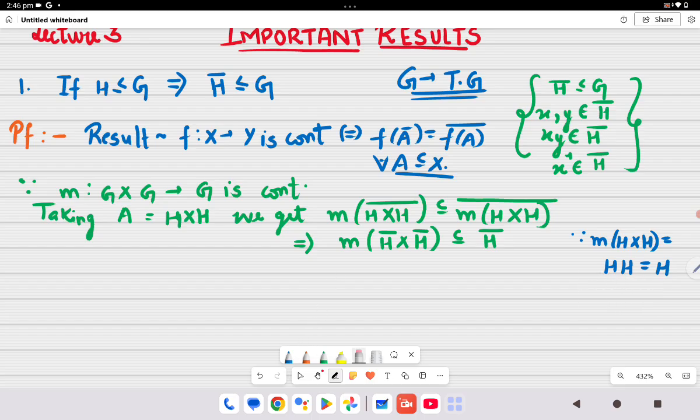Okay, so this implies so we have this thing, M of H closure cross H closure is contained in H closure.